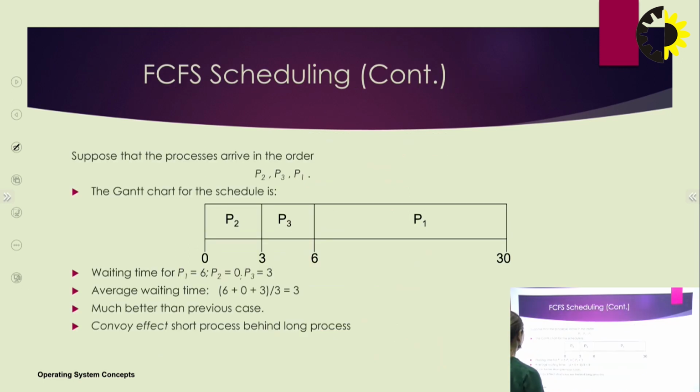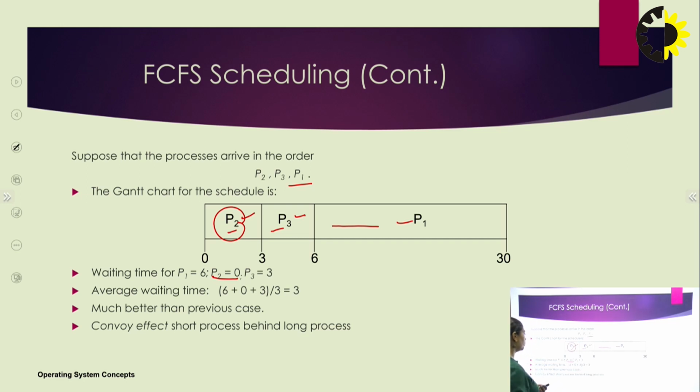Now what has happened if we change the order, right? We first run P2, P3 and then P1. What we have done is we made the longer process wait and we made the shorter processes run first. Now, what's the time? P2 does not have to wait, so the waiting time of P2 is 0.